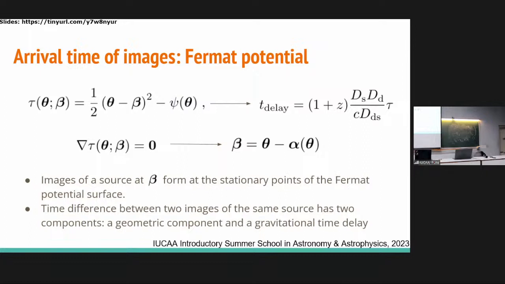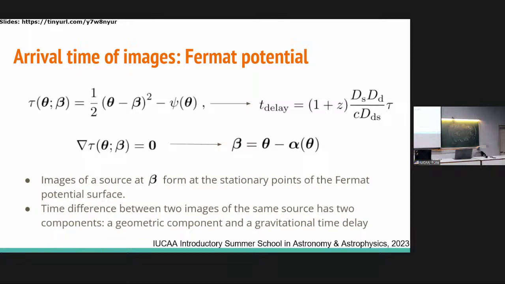And if you take a gradient of this time delay surface, that is the Fermat principle, that light should arrive in the least amount of time. You have to modify that Fermat principle to say that it should not be the least amount of time, but it has to be one of these places where the gradient vanishes. Now, if you take this equation and take a gradient, you get back the lens equation.